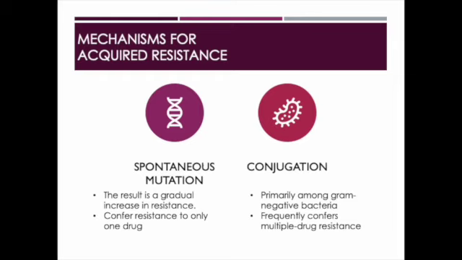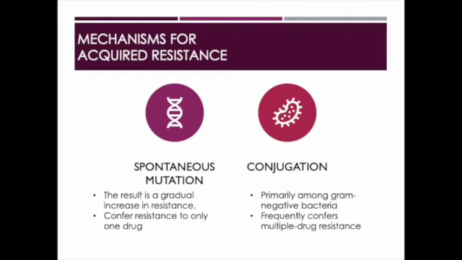One codes for the sexual apparatus required for DNA transfer, and the other codes for the mechanism of drug resistance. Together, these two DNA segments constitute an R, or resistance, factor. Conjugation takes place primarily with gram-negative bacteria.